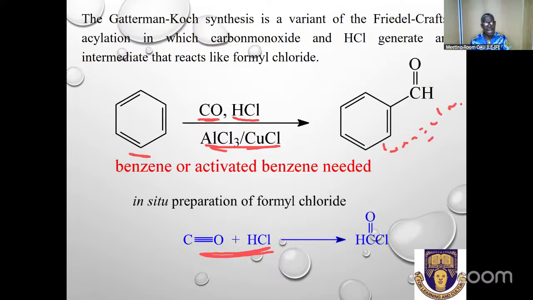The C triple bond O, which is carbon monoxide, and HCl react together to give formyl chloride, and the formyl chloride will now react with the benzene to give the benzaldehyde. It is known as Gattermann-Koch synthesis, which is a variant of Friedel-Crafts acylation.